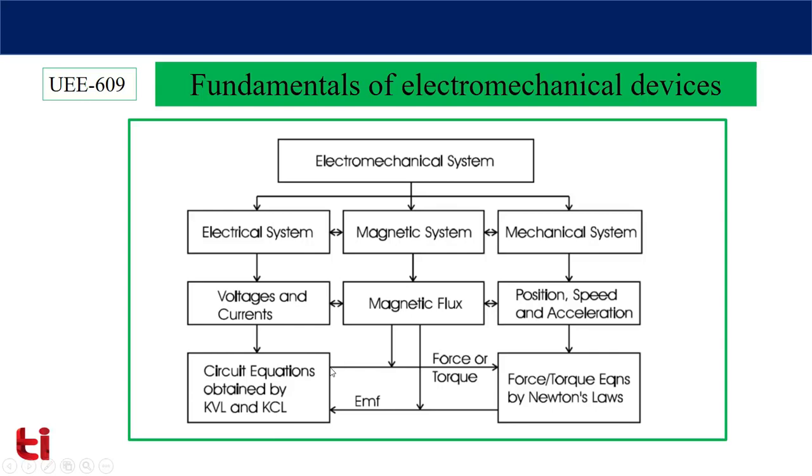Here in case of a motor, this electrical energy is converted to magnetic energy, and the magnetic energy will create a force or torque, and that force and torque can be expressed using Newton's law. And in case of a generator, the reverse will happen. Here the mechanical system will be represented in terms of force and torque, and that force or torque will produce induced EMF, and ultimately Kirchhoff's current and voltage laws will be applied to obtain the generated output voltage or power.